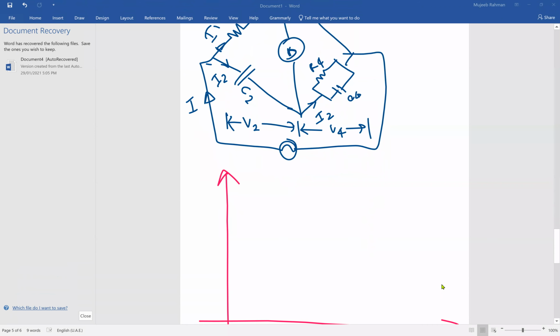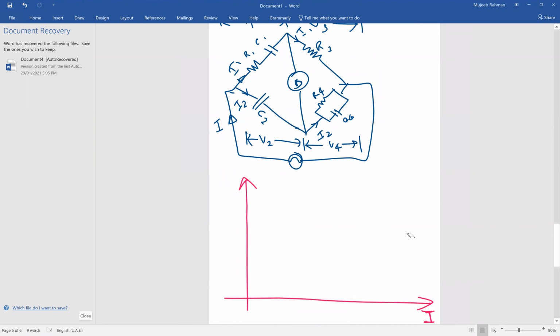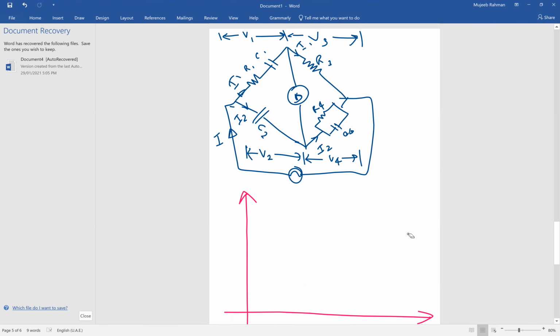Now let us try to draw the vector diagram, or the phasor diagram, for the Schering bridge. First, we try to find what V1 will be. V1 is nothing but I1 multiplied by the combination of resistance and capacitive reactance.